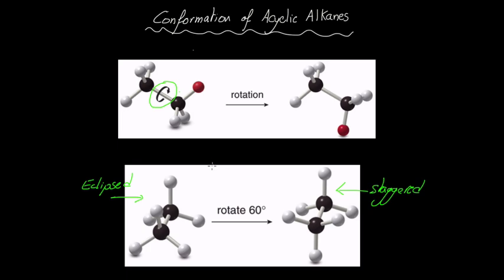Now you can notice that in the eclipsed conformation, the CH bonds on one carbon are directly aligned with the CH bonds on the second carbon. However, in the staggered conformation, the CH bond on one carbon bisects the CH bond angle on the adjacent carbon.